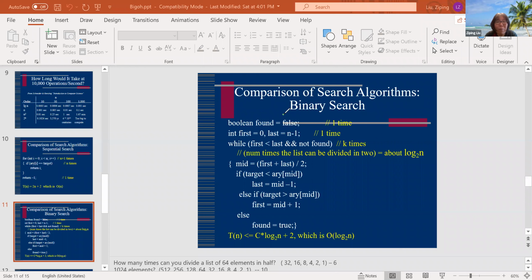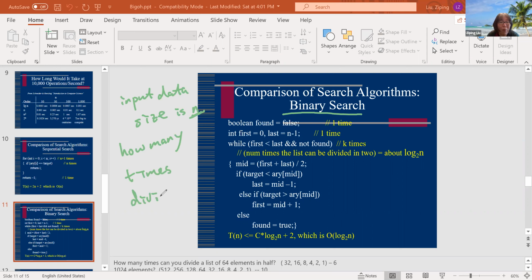So that's why for binary search, if input data size is n, and I ask you how many times it's going to be divided by 2, it is log 2n.